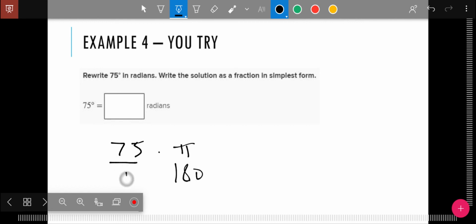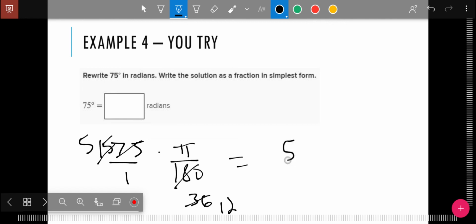Again, I would do 75 over 1. And then I figure out, okay, what kind of goes into both things. And so for me, I first thought of 5. And so 180 divided by 5 is 36. 75 divided by 5 is 15. And then I realized, well, 3 goes into both of those numbers. So that's 12. And that's 5. And so my answer is 5 pi over 12 radians.